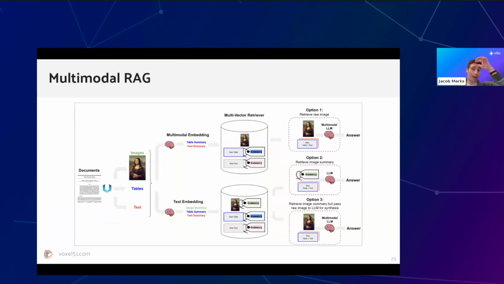And that's what multimodal RAG is. So multimodal RAG is a set of techniques which is very nascent. It is still developing rapidly, which allows you to take multimodal documents, be they images, text, tables, you can think about audio. It really depends on the model that you have and what type of data it is able to process.